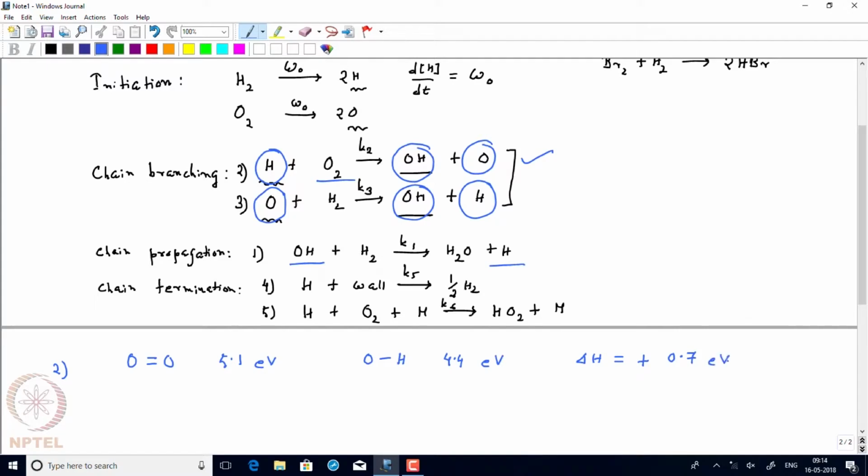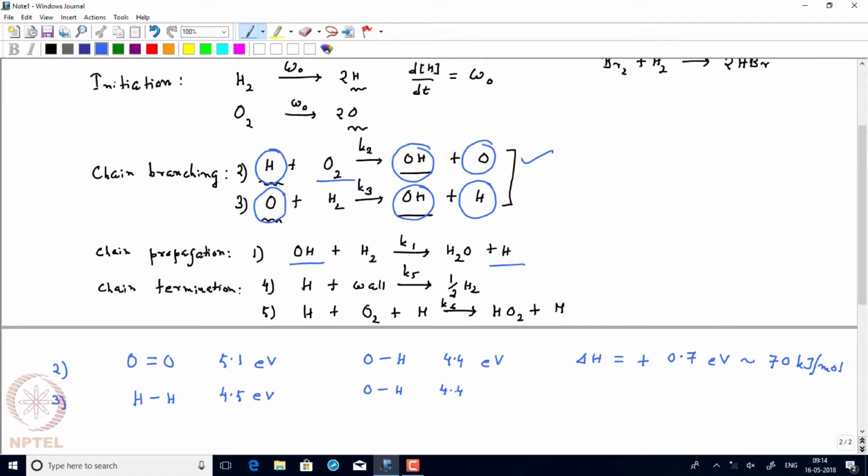You can always convert it to kilojoule per mole. It's about 70 kilojoule per mole endothermic. Whereas if I consider step 3, where I broke an H-H bond, the H-H bond energy is 4.5 electron volt, and the OH which you are forming is 4.4 electron volt.